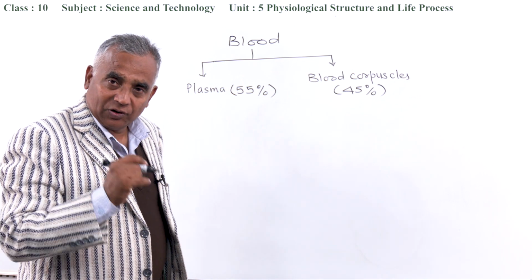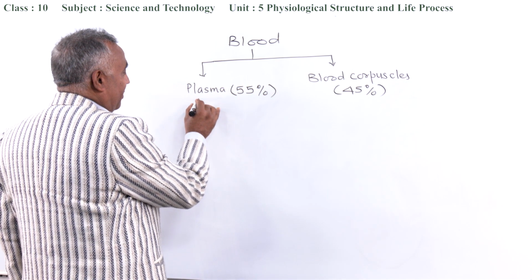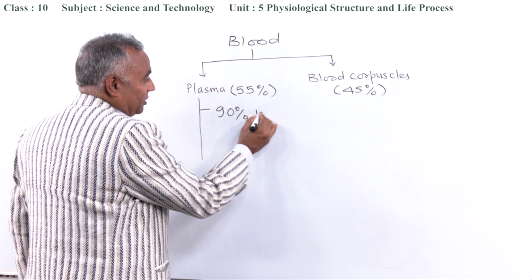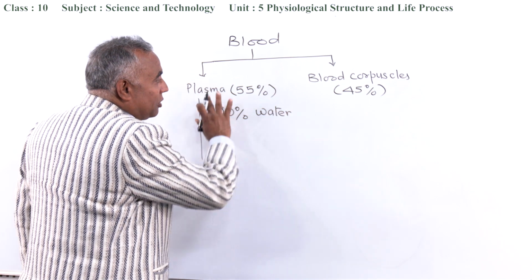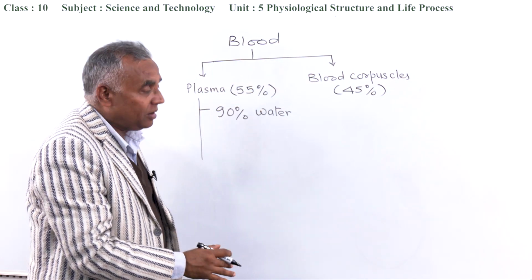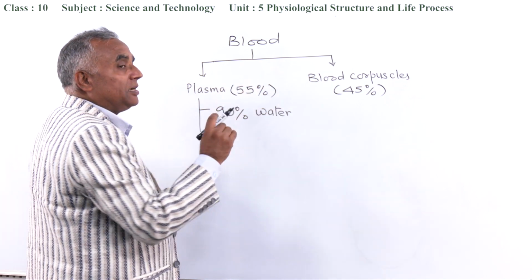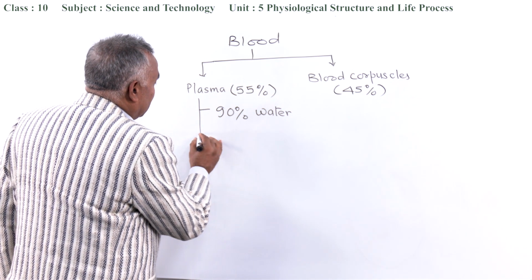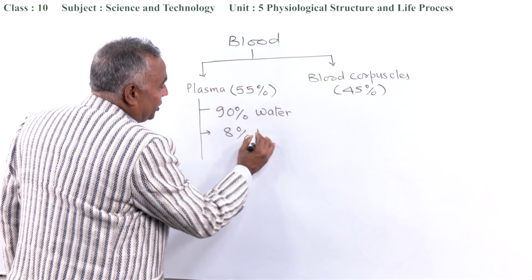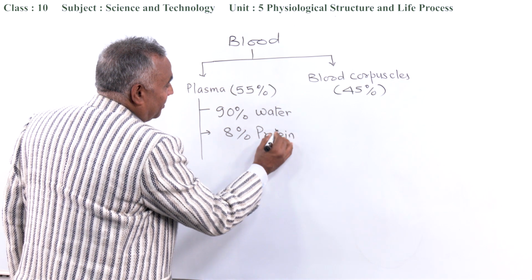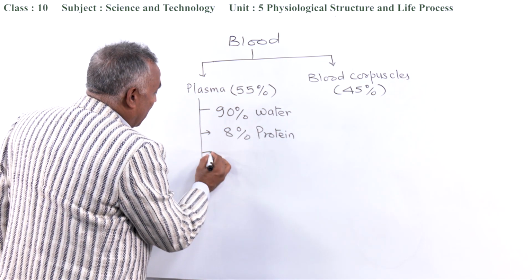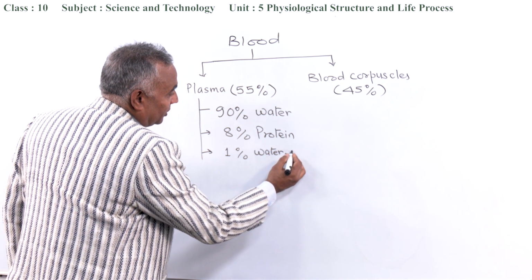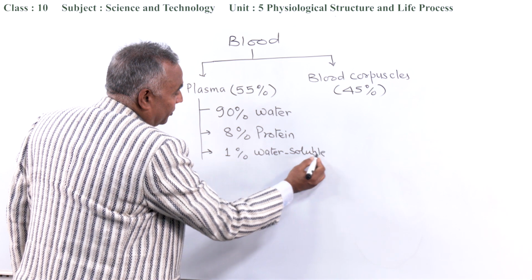So in these two, plasma consists of what? What were you told about it? Plasma consists of, do you remember, about 90% water. I'm not saying 90% of total blood; consider this 55% plasma as 100% for it. Then 90% is what? Water. And 8% is protein. Then 1% is water soluble salts.